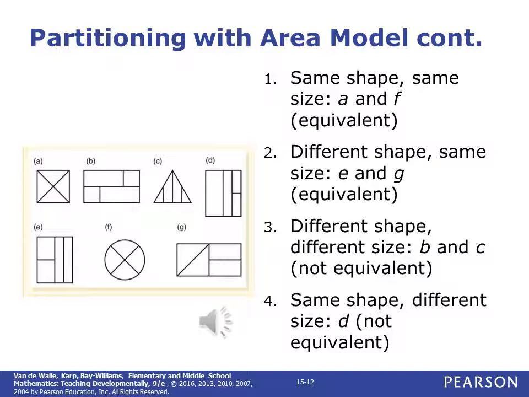Well, in B, we see that we have both different shapes and different sizes, and the same goes for C. And then in D, students could see that even though they're all rectangles, they're all different sizes, but you would want students to explain their rationale.